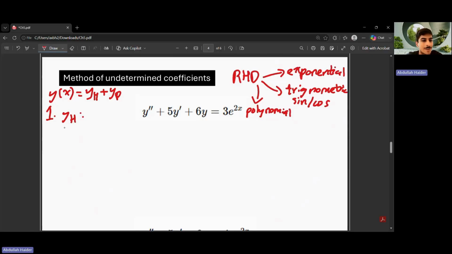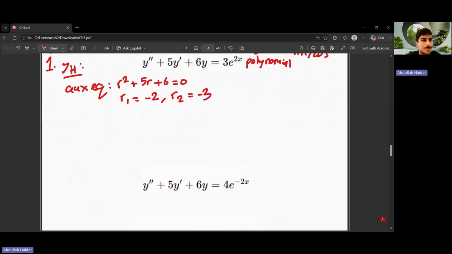And if we need to find the auxiliary equation, it will be r squared plus 5r plus 6 equals 0. And r1 will be -2, and r2 is equal to -3. Now, remembering the rules from above, you might notice that -2 and -3 are distinct real roots.